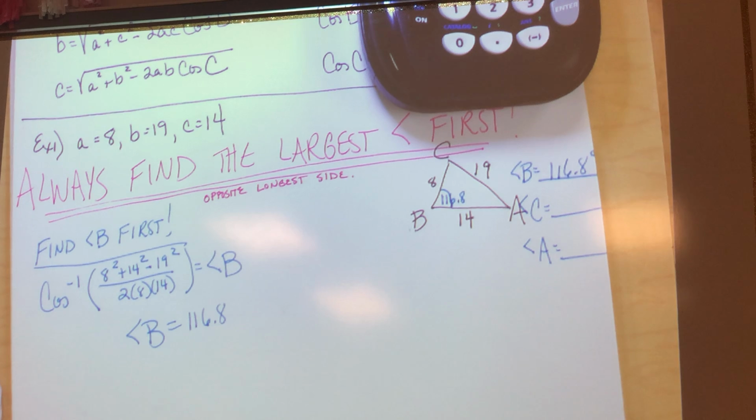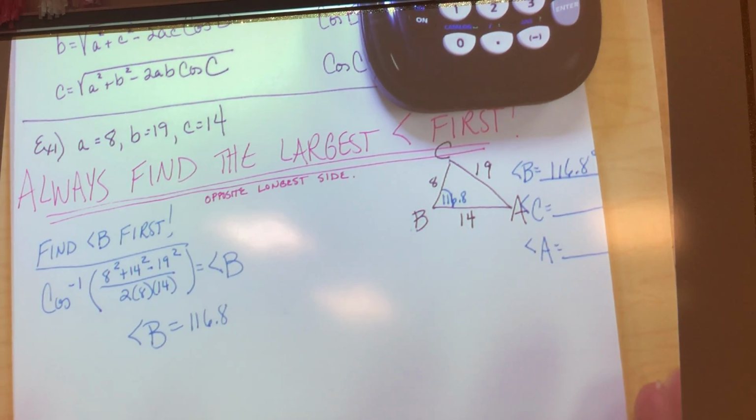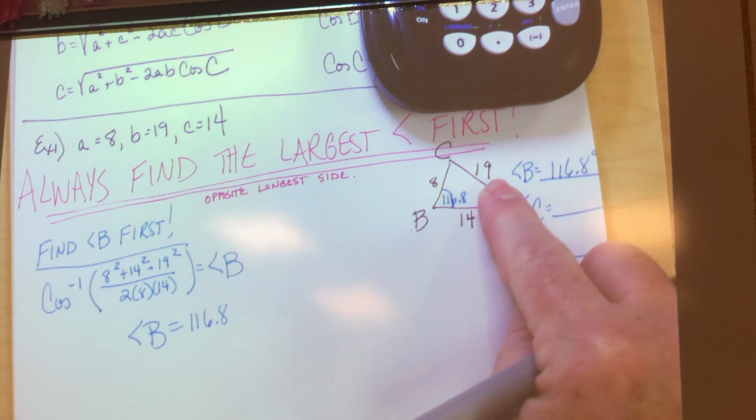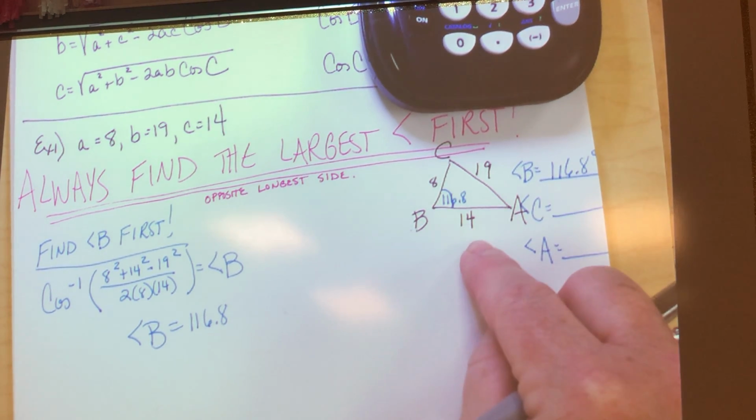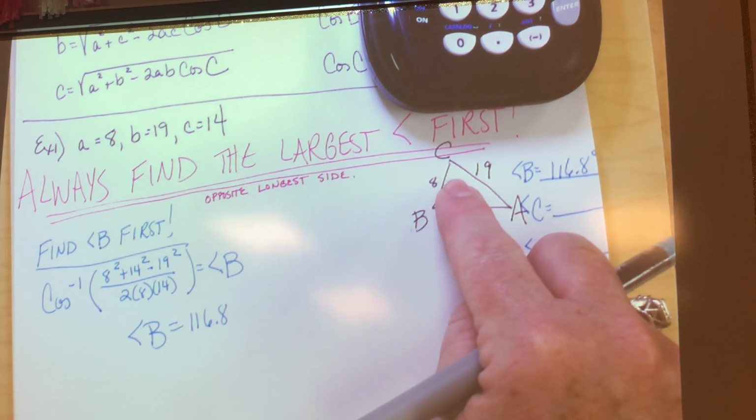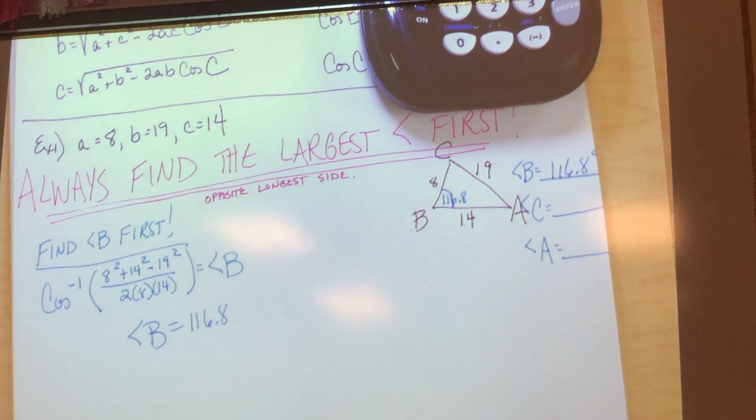Okay, so the next thing I'm going to find is angle C. It doesn't matter what you find next, guys. You can find whatever you want to. It only matters what you find first. So I'm going to say 19 is to the sine of 116.8 as 14 is to the sine of C. Make sure that whatever law you're using, you use the appropriate trig function. I'm using law of sines.